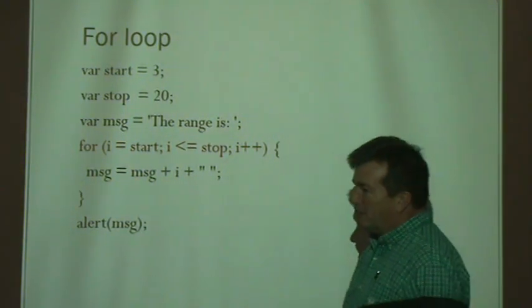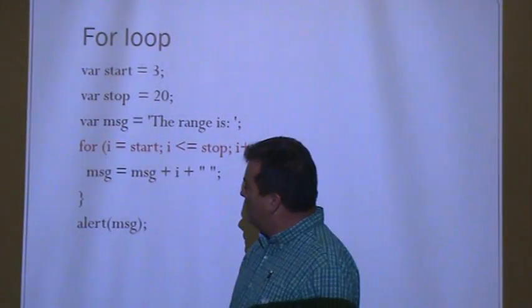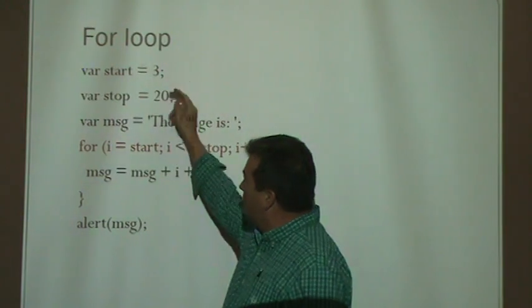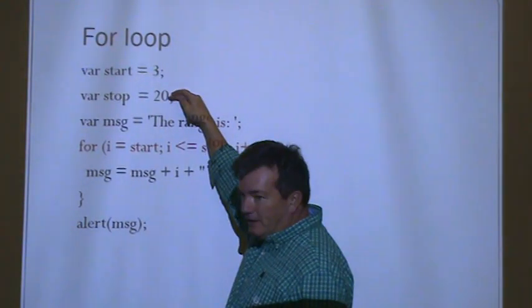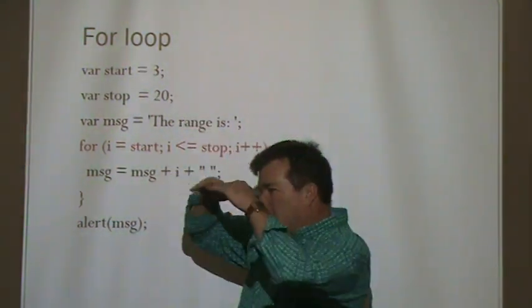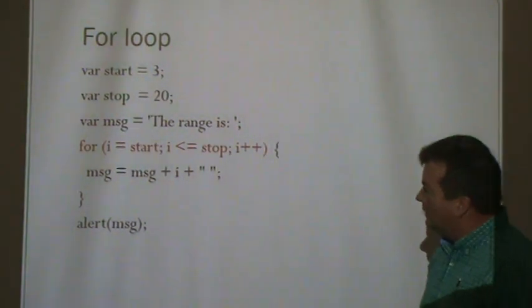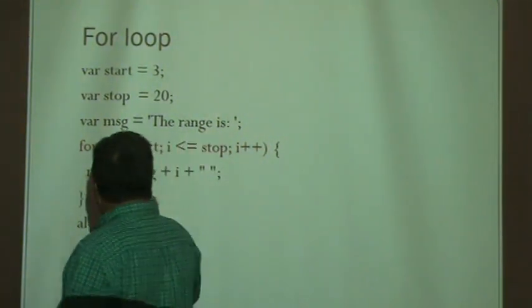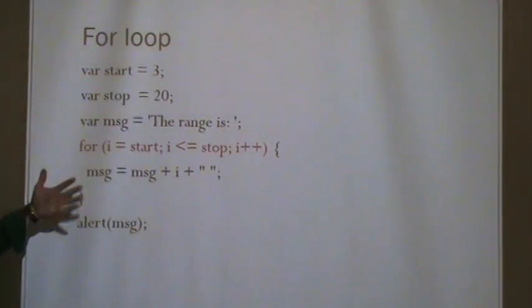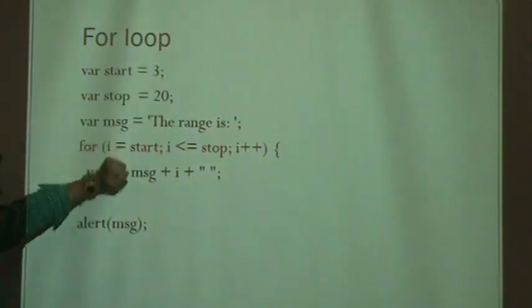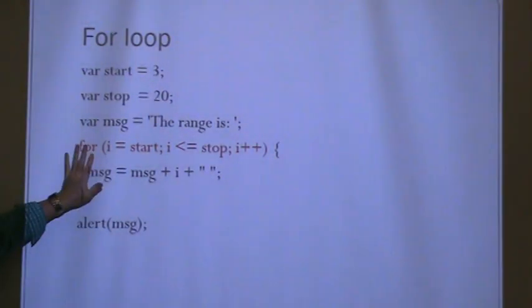So if we said the range is, and let's say we wanted to go through every one of the numbers between 3 and 20, but not have 17 lines of code adding each number on. We'd like to be able to run the same line of code over and over and over. For the range between 3 and 20, we can do that using a for loop.